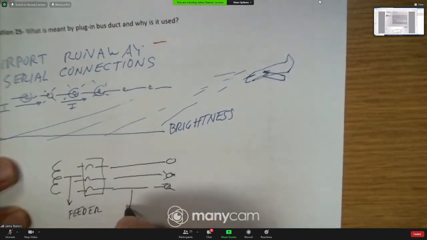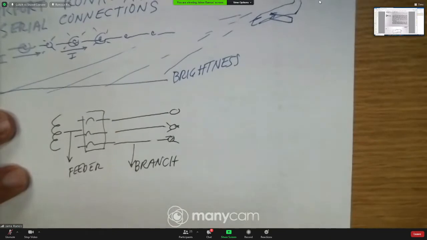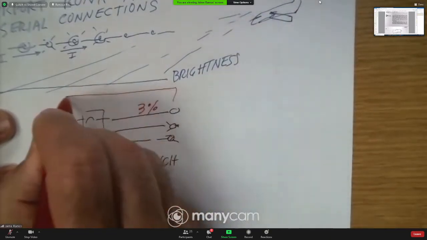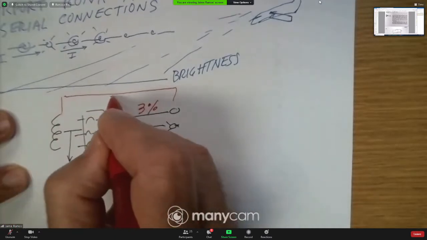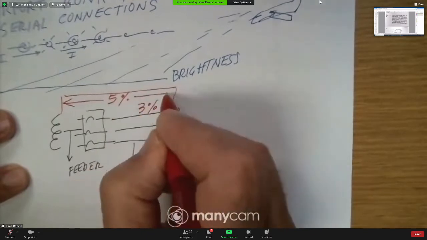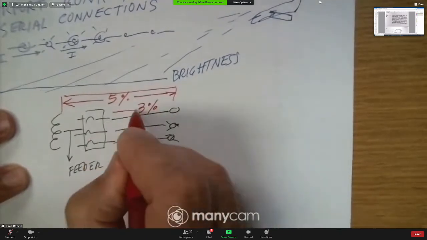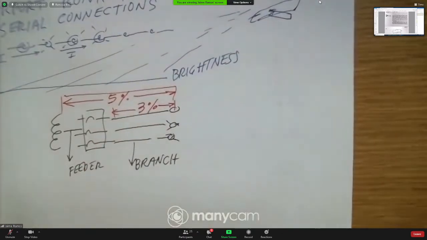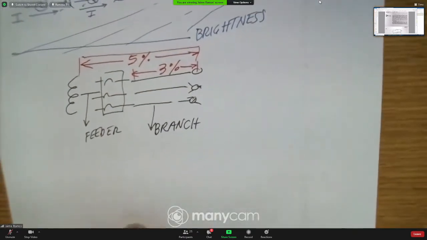So then this is the branch. So then what the book says, in the branch 3, all the way to the feeder 5. In the branch only 3%, including all the way to the feeder 5%.